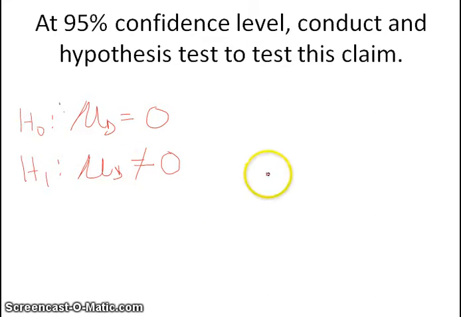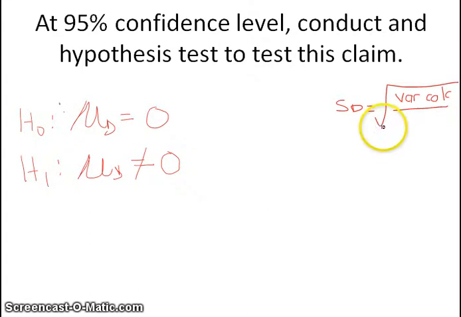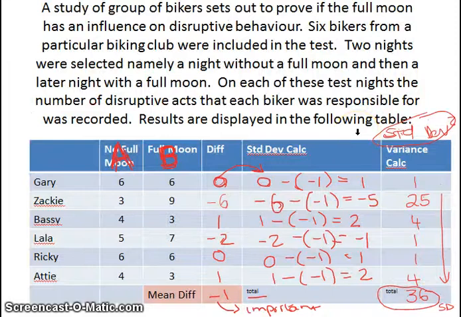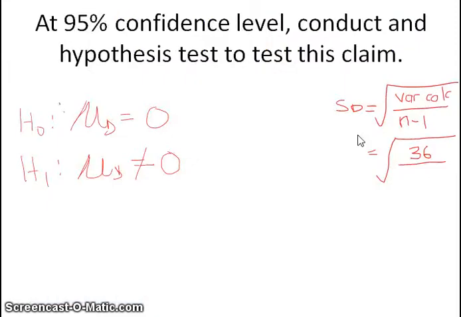We'll calculate SD using the following formula, and this would be in your notes. This is that variance calculation. It's actually the square root of the variance calculation over n minus 1. So the square root of that variance calculation, we had a value of 36 there. If we remind ourselves, our n was 6 because there are 6 individuals.